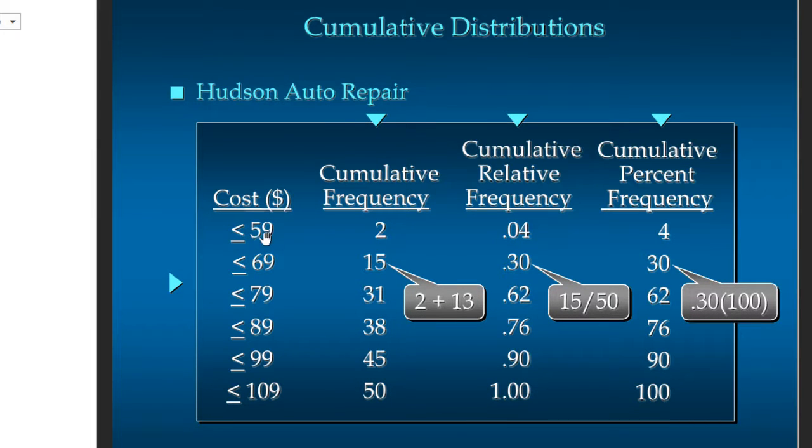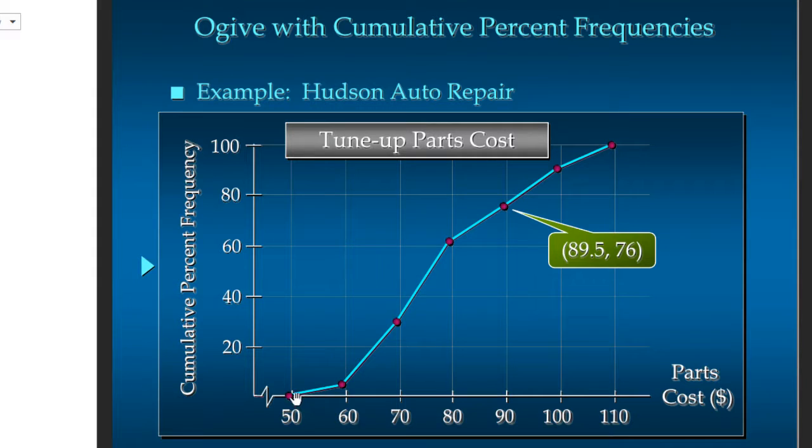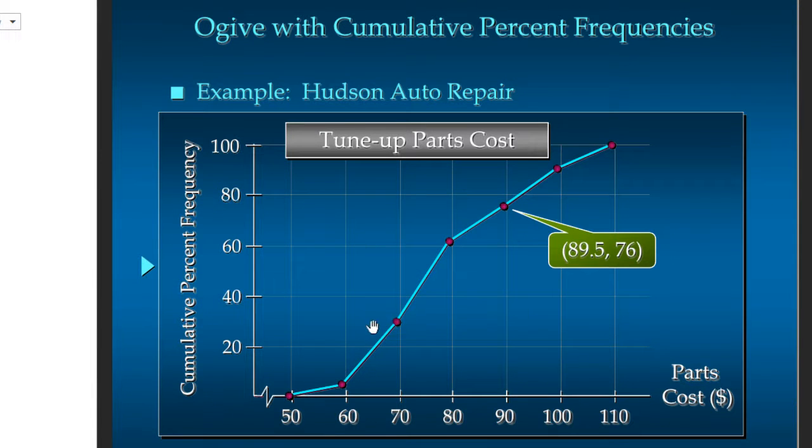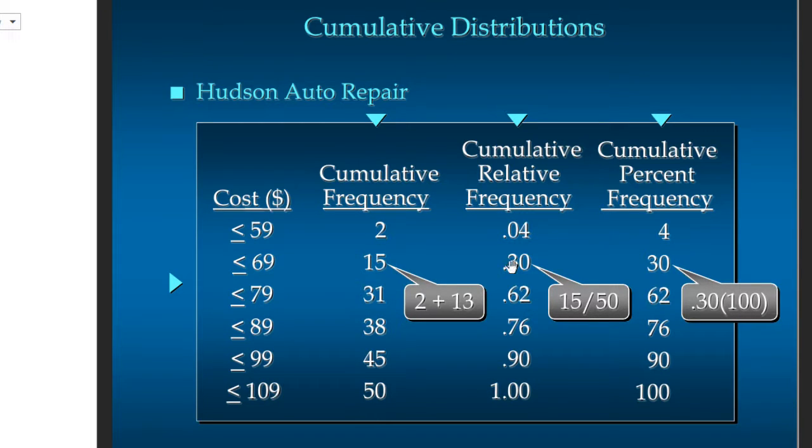Up to 59 we had 2. So right above 59, you got 2. Up to 69 you have 15. Sorry, I'm talking about the percent. So up to 59 we had 4. The next one was 30.